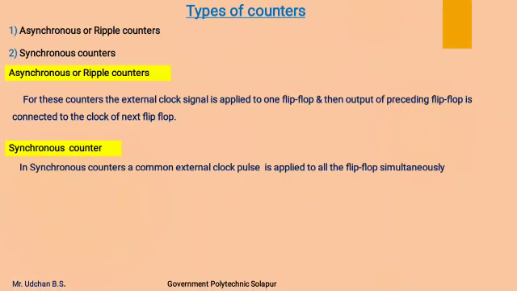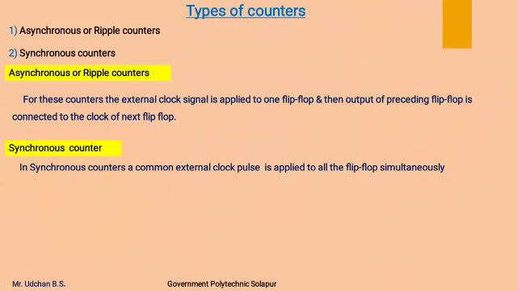Basically there are two types of counters: asynchronous, which is also called ripple counters, and synchronous counters. In an asynchronous counter, an external clock signal is applied to one flip-flop and then the output of the previous flip-flop is connected as a clock input to the next flip-flop.